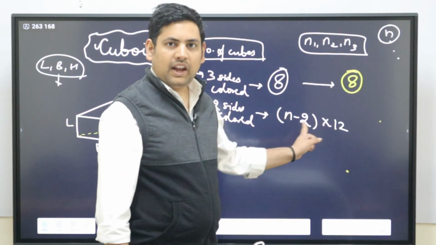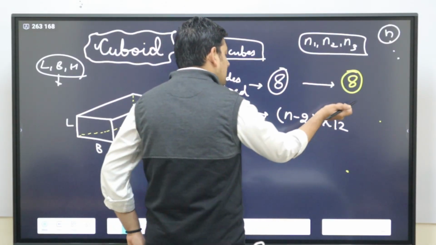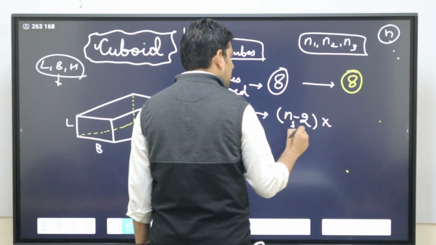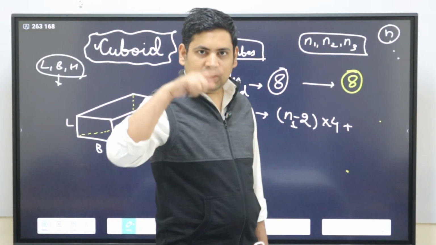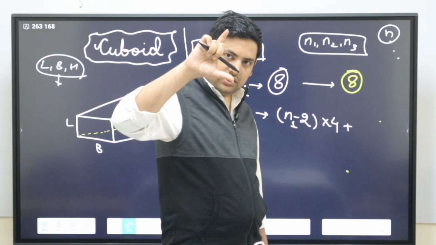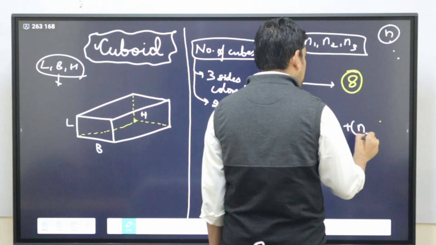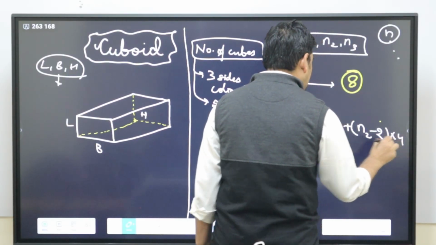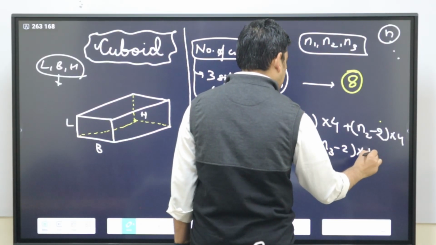So n minus 2 into 12 it used to be. Now what will it be? It will be n1 minus 2 into 4, plus, because 4 of the edges will come from this particular n1, correct? Now the other will be n2 minus 2 into 4 and the third will be n3 minus 2 into 4.